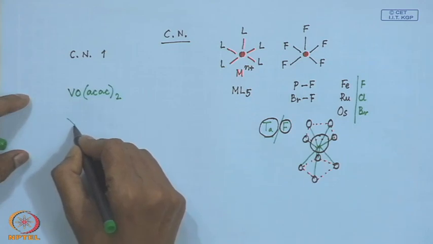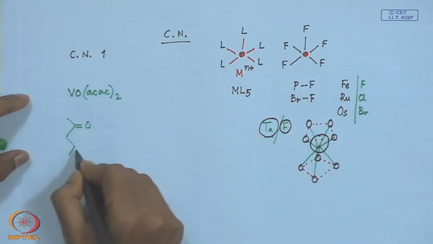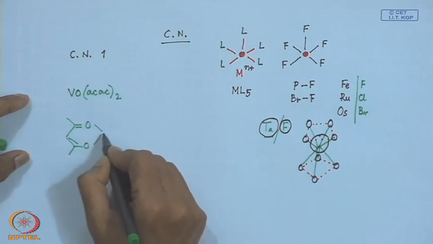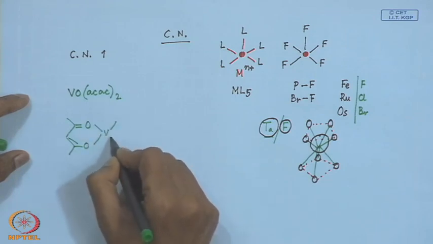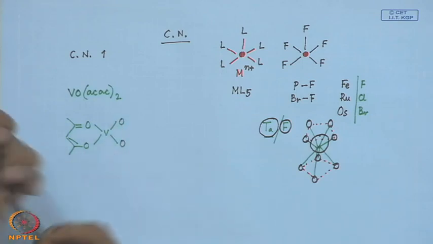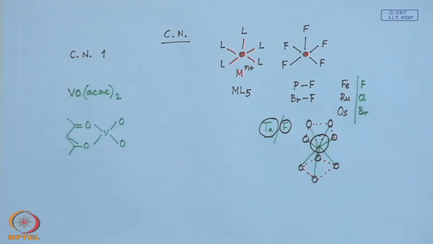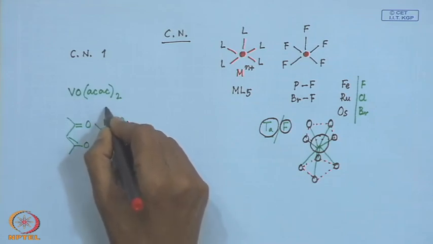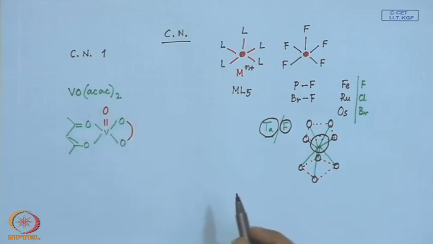We know that the acetylacetone molecule provides 2 oxygen atoms to the metal center through deprotonation, so it is a mononegative ligand. One half is binding like this, and in the same way the other half is also binding to the metal center, and we have a vanadium-oxygen bond as the vanadyl species.